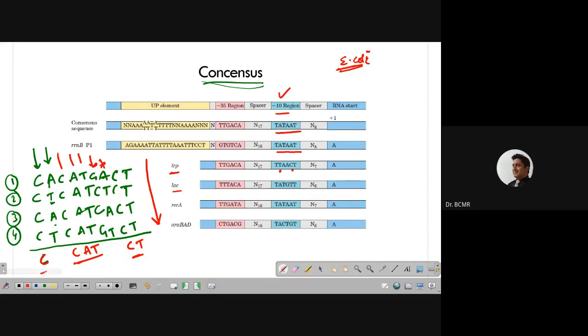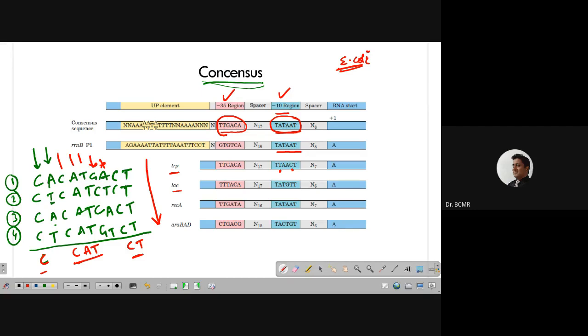So one can remember the consensus sequence at -10 is TATAAT. Similarly, if you look at the -35 sequence, you will find TTGACA. This is the consensus for the -35 sequence, excuse me.